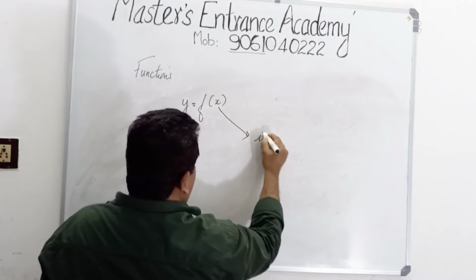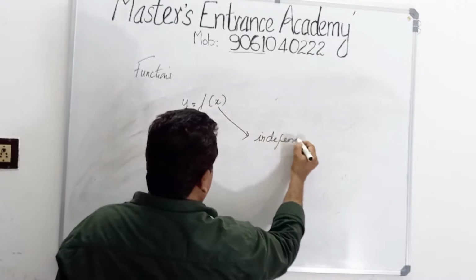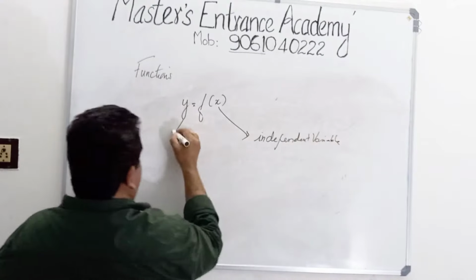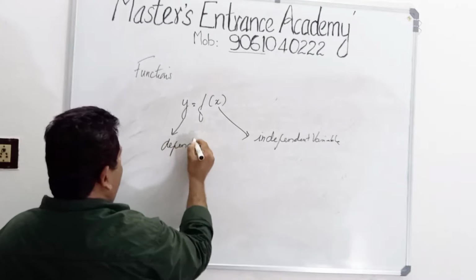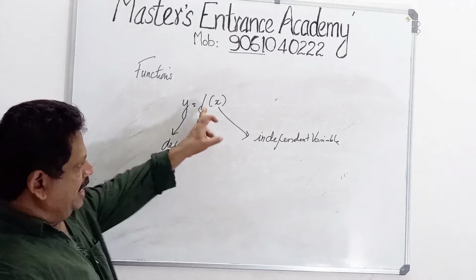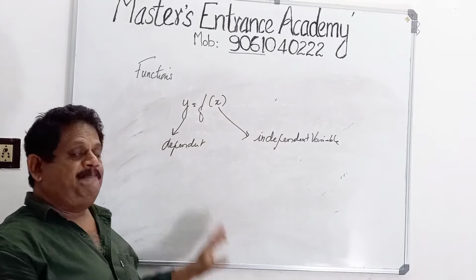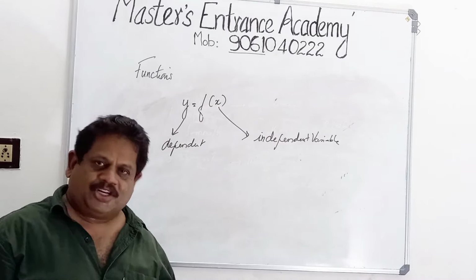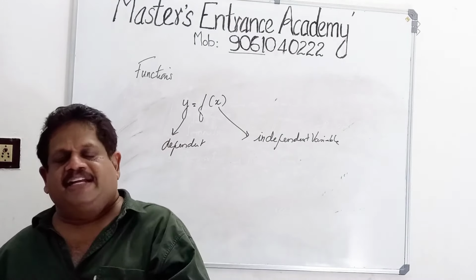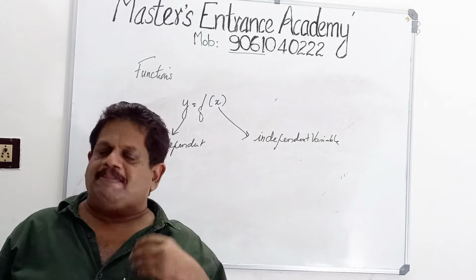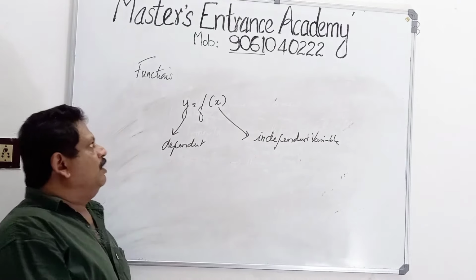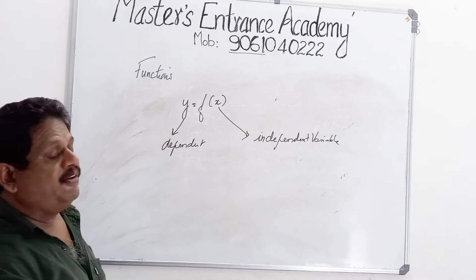X is called the independent variable and y is called the dependent variable. Always remember that x is independent, y is dependent. Is it true? Even myself, I am dependent on studies. Then only I can come and teach you. I am the function of it. So, y is equal to function of x, we got it.